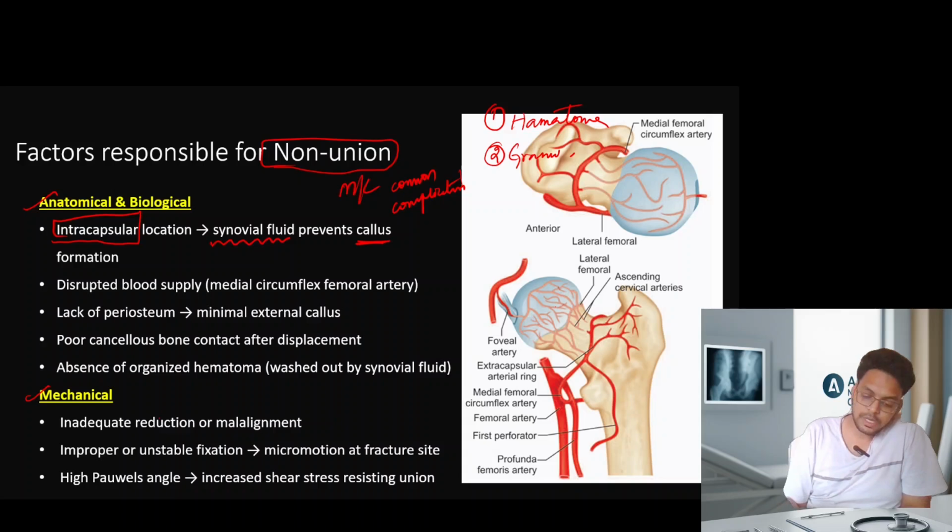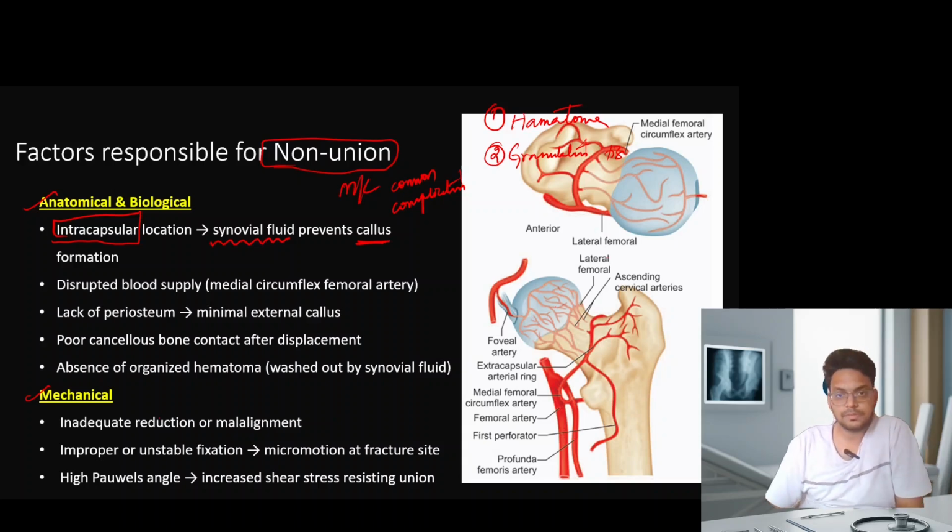Next, third is the stage of soft callus. Fourth is the stage of hard callus. Number 5 is the stage of remodeling. Right. There are 5 stages in total.